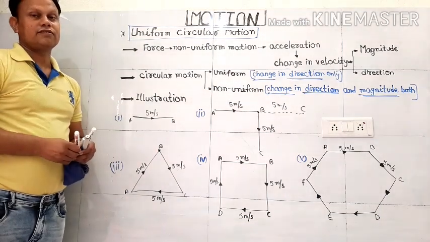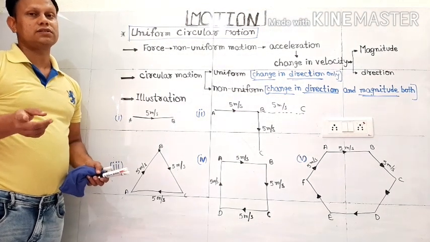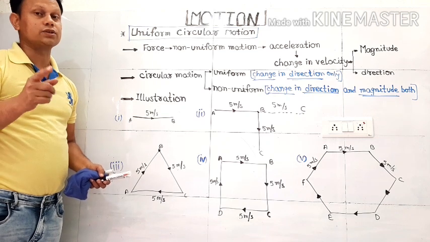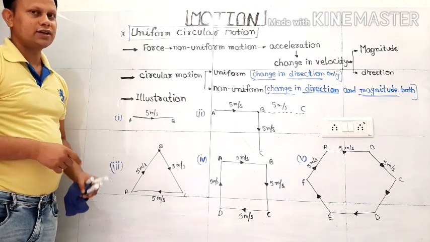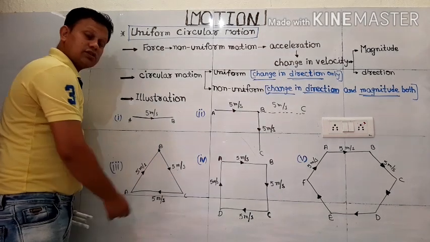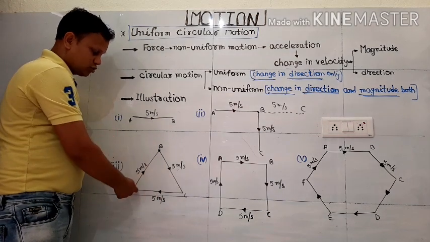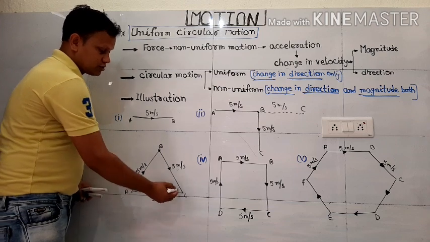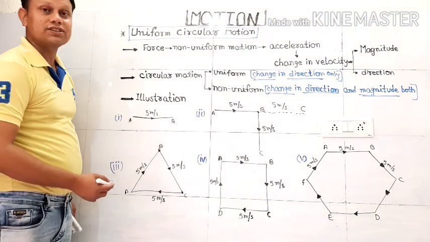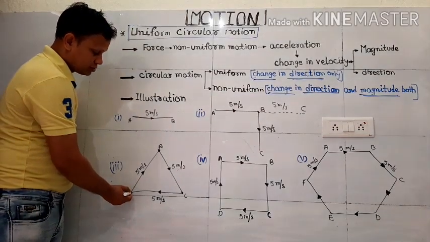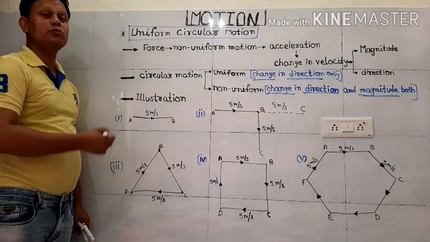And obviously, again the speed is not changing. Then what is changing here? Direction. What is bringing change in the direction? Again, force. Similarly, at the C junction also, it has to turn towards A. So at this junction also, a force is needed because it has to change the direction. At the A junction also, because it has to move from A to B again.